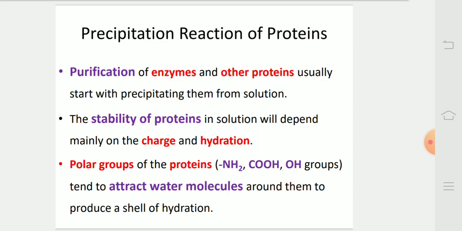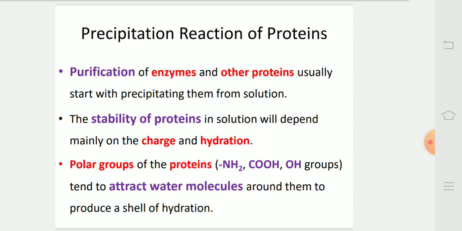Precipitation reactions of proteins. Purification of enzymes and other proteins usually starts with precipitating them from solution. The stability of protein in solution will depend mainly on the charge and hydration.